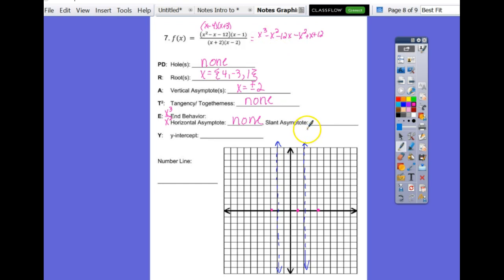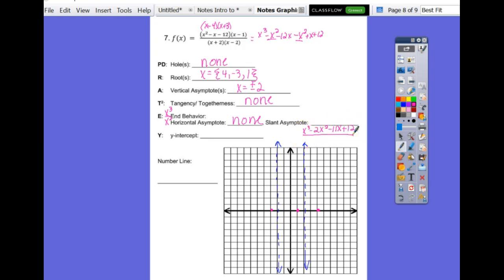I'm going to write it down here for you: x to the 3rd. When I combine this, I get minus 2x squared, minus 12x plus 1 is minus 11x, and then plus 12.